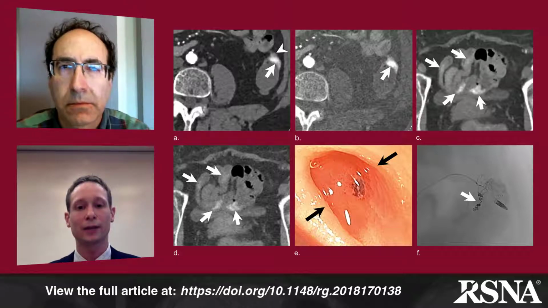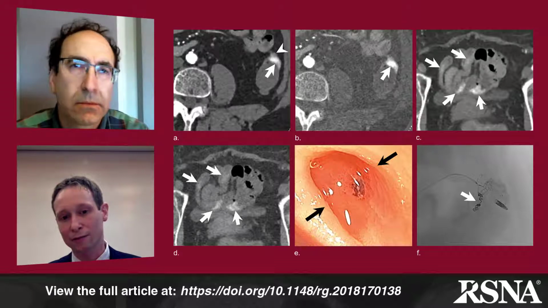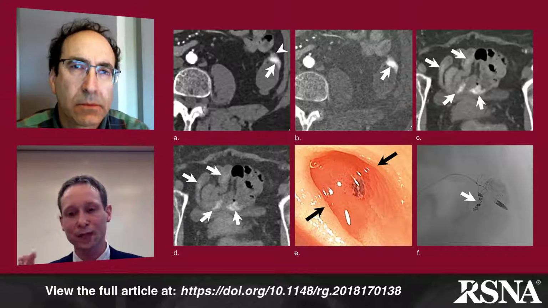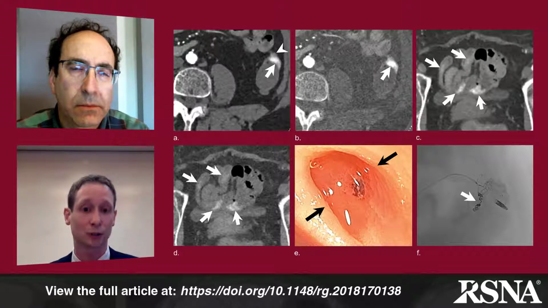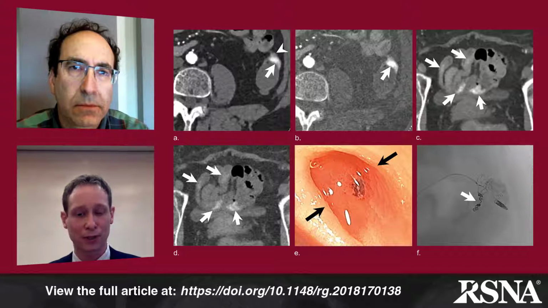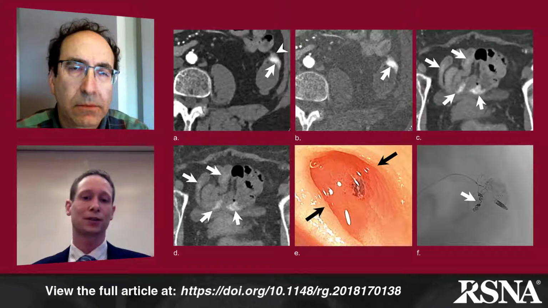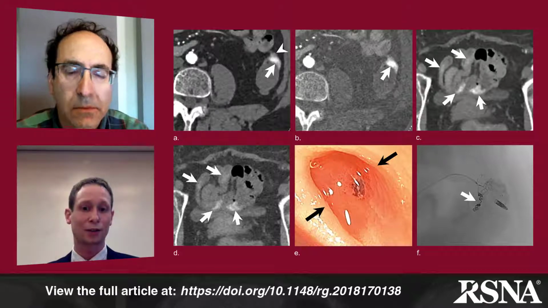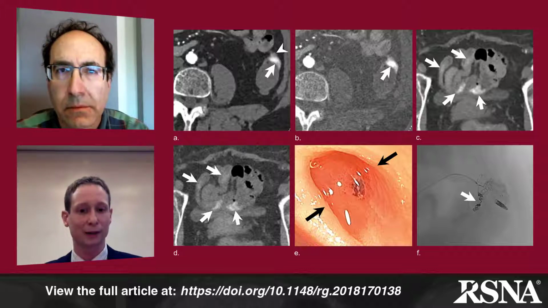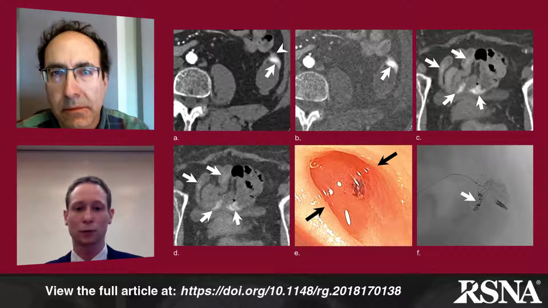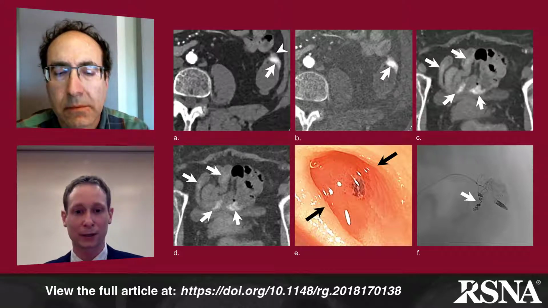So right in the ER, they ordered a CT angiogram. And in part A of the figure, what we see is high density material accumulating within the descending colon adjacent to a diverticulum. And we compare that with part B, which is an iodine map. And so we can easily see here that high attenuation material is extravasated iodine, and it's not just a radiopaque foreign material.